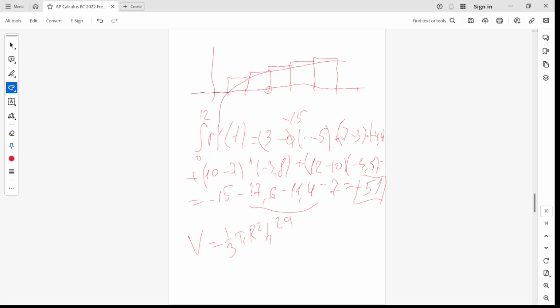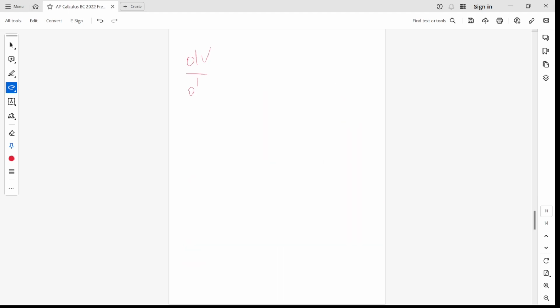So if we want to differentiate with respect to t, we need to use the product rule. So dV by dt is equal to, we'll use implicit differentiation, right? So it's 2/3 pi r h times dr over dt plus 1/3 pi r squared times dh by dt.